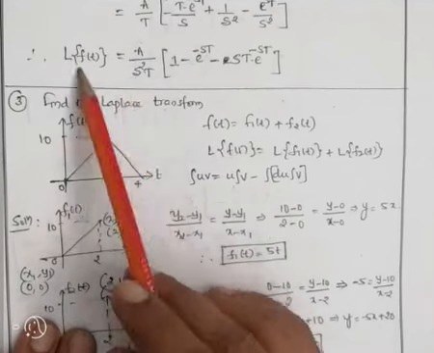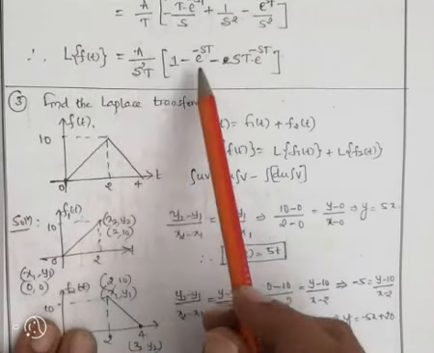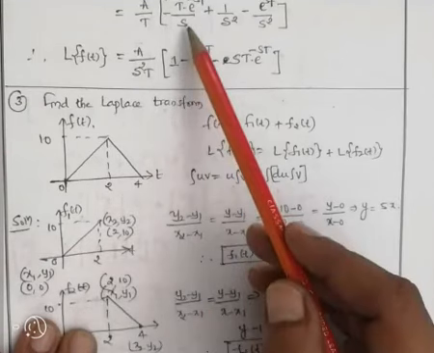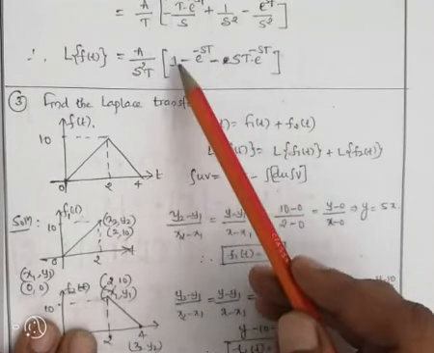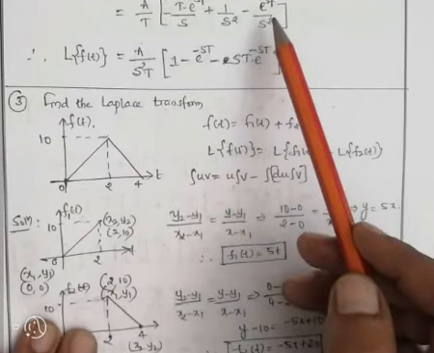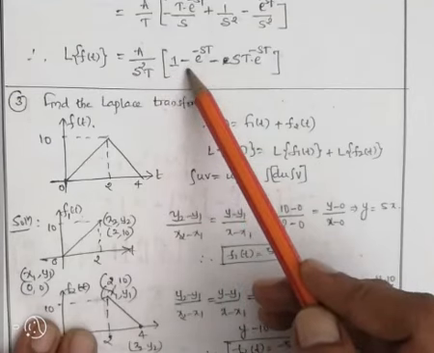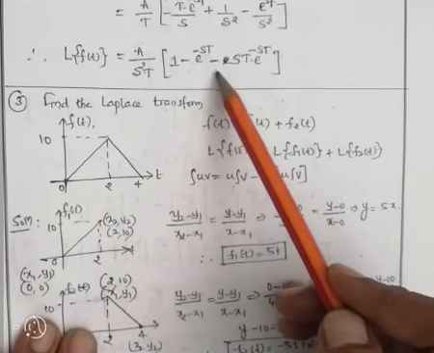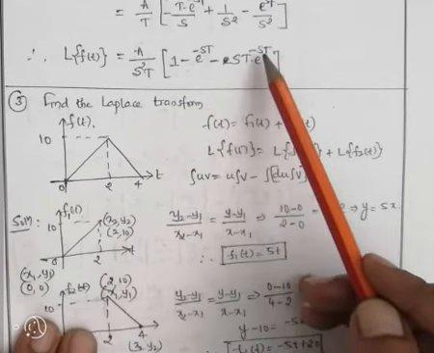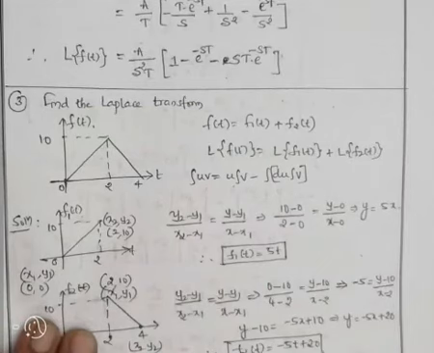Hence Laplace transform of f of t equal to a by s square T. If we take s square T as denominator common, we are left with 1, then minus e to the power minus sT, then minus sT e to the power minus sT. This is the Laplace transform of the given function. So likewise, for the given functions, we are going to calculate.